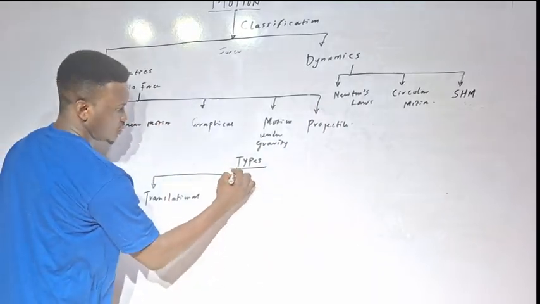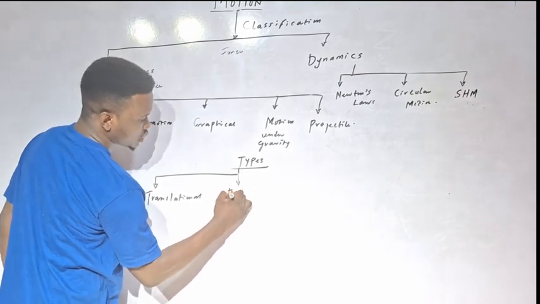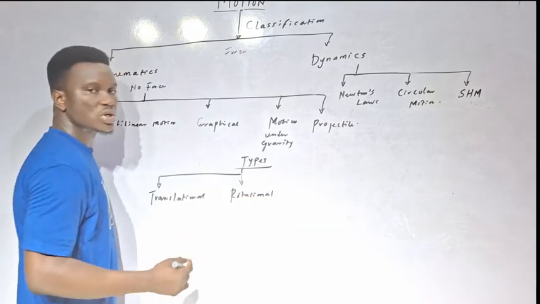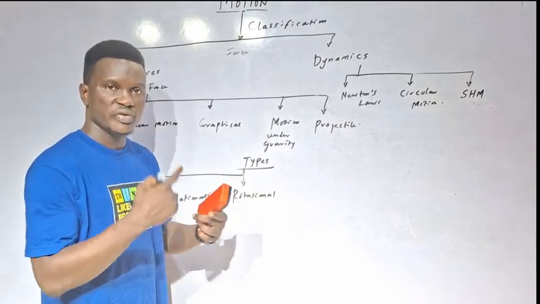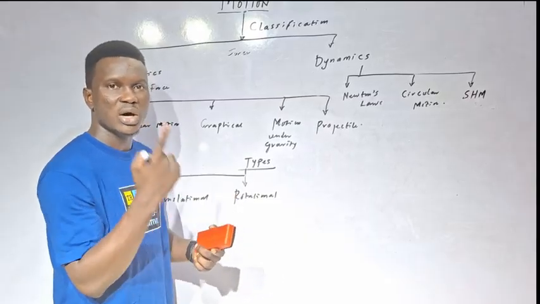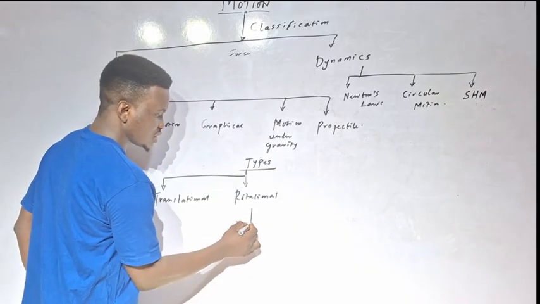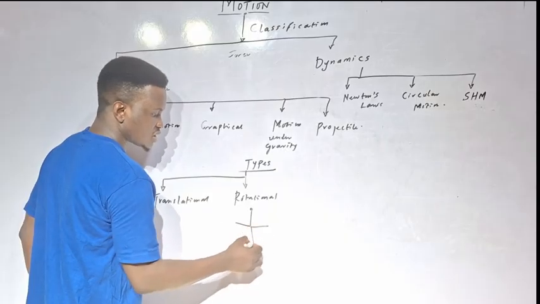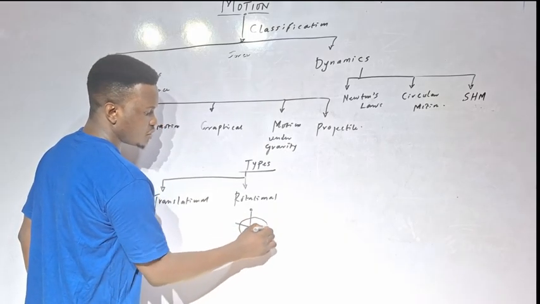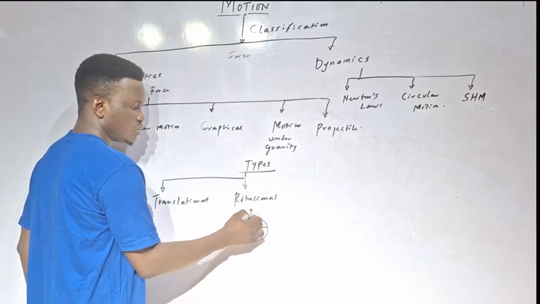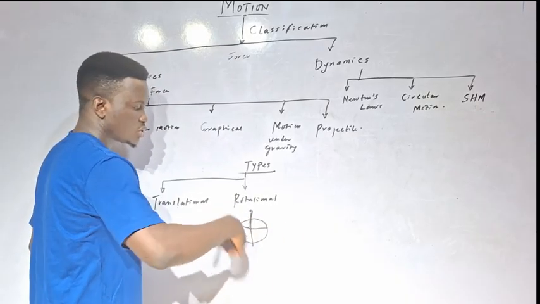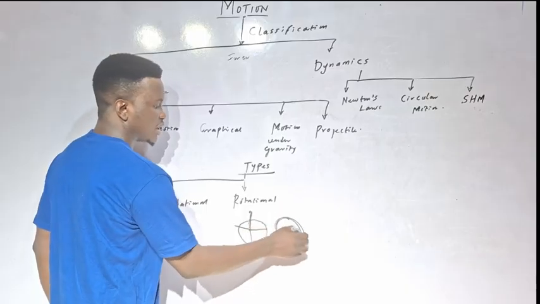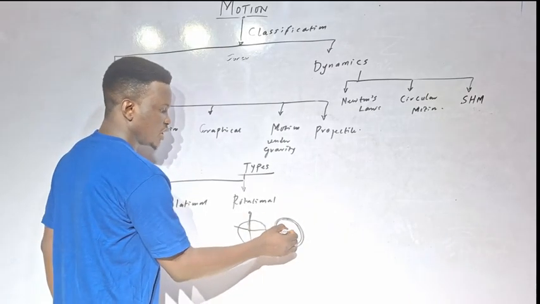Then we have what we call rotational motion. When you say rotational, you have seen a fan before, that fan keeps moving about its own axis. So it keeps rotating about that origin, moving round and round about its own axis. Then we call it rotational motion. So the earth too keeps moving round and round about its axis.